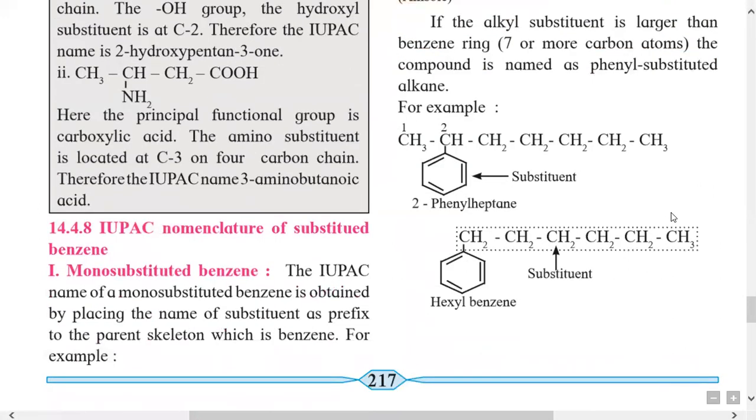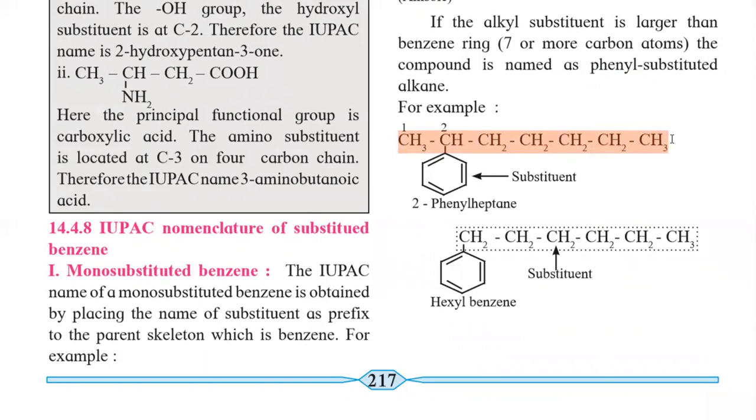If the alkyl substituent is larger than the benzene ring, meaning 7 or more carbon atoms, then the benzene ring is considered a side chain and the name can be given as a phenyl substituted alkane. Here it is 1, 2, 3, 4, 5, 6, 7 carbon long chain.